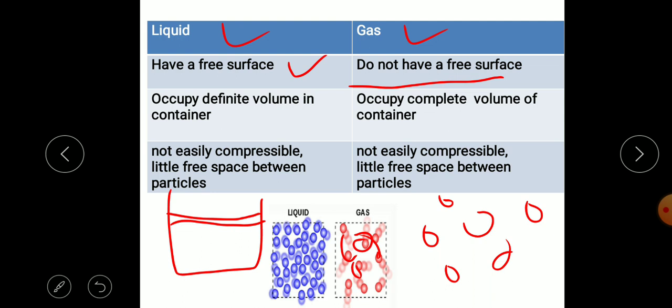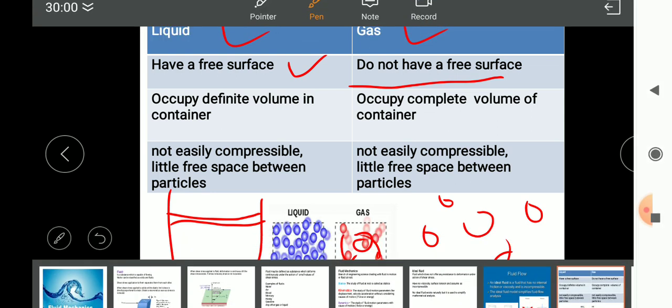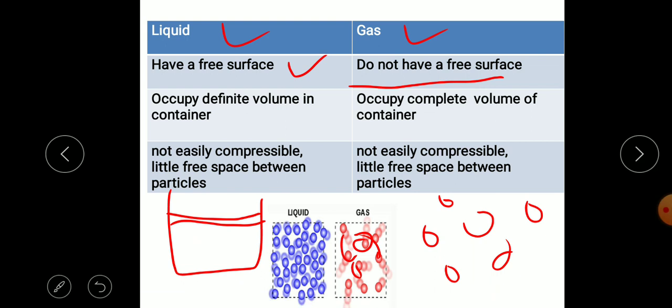Suppose 1 liter of liquid water is poured into a jar, it occupies a definite volume inside the jar corresponding to 1 liter. If it is 2 liters, it occupies 2 liters of volume.